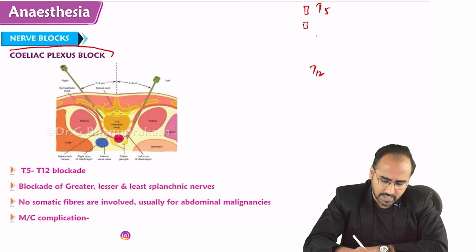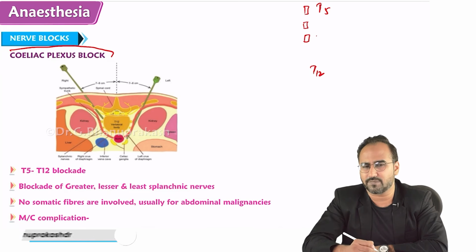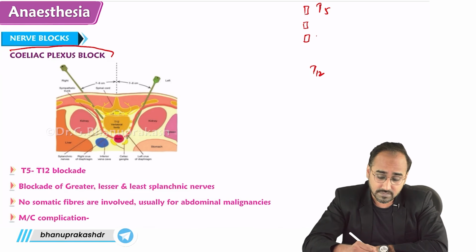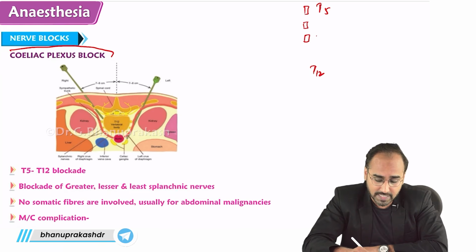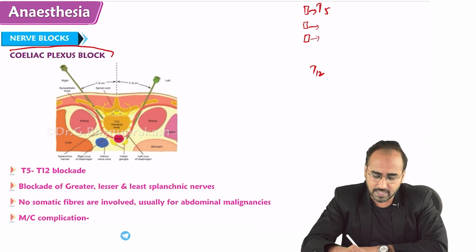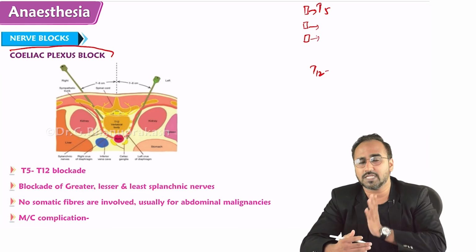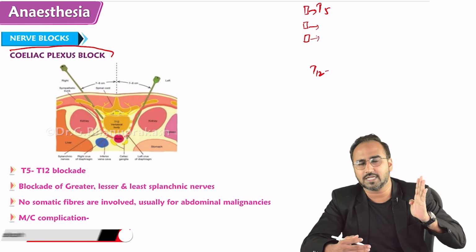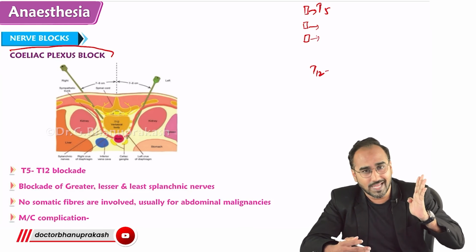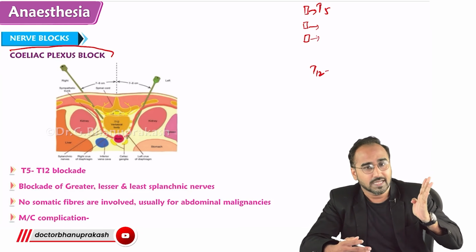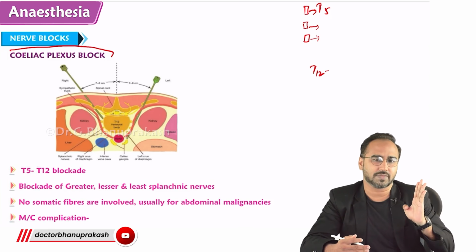In between the vertebrae, you will find the space for spinal and epidural. Celiac Plexus is present beside T5, T6, T7, T8 till T12, right? Beside means very deep inside, beside the T5, T6 vertebrae.